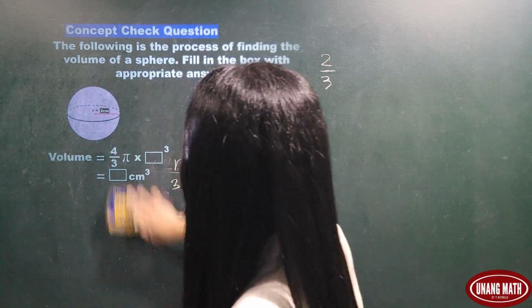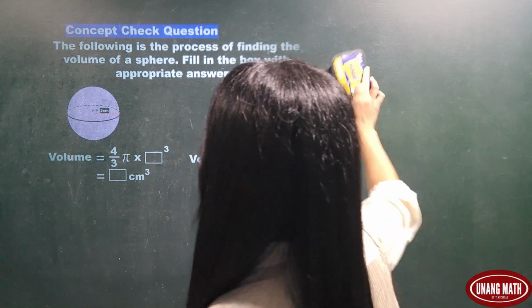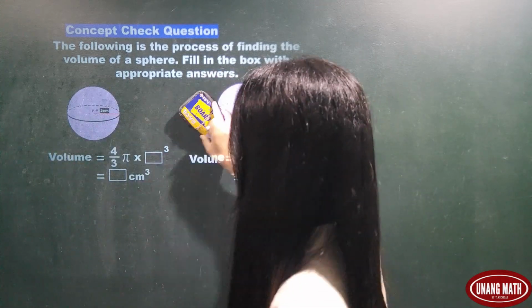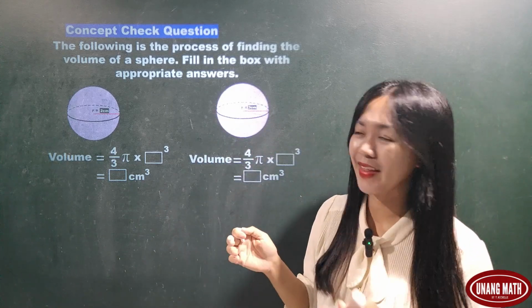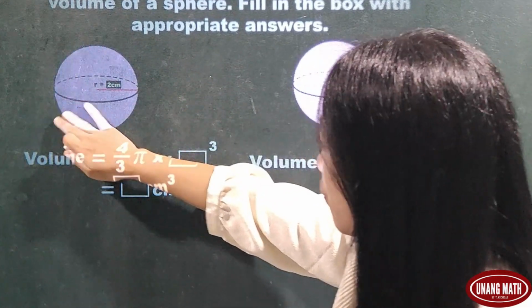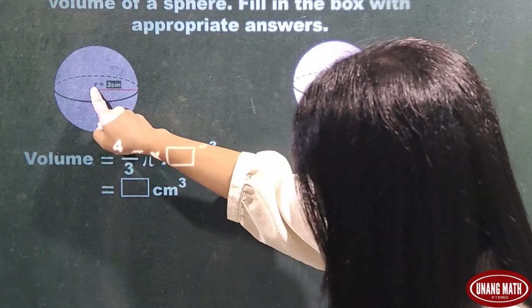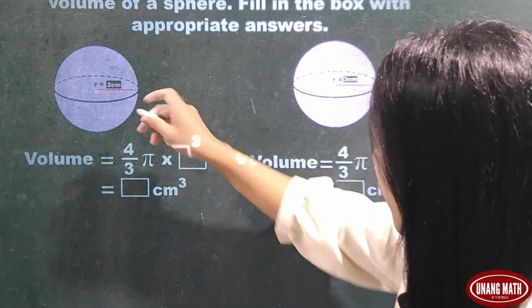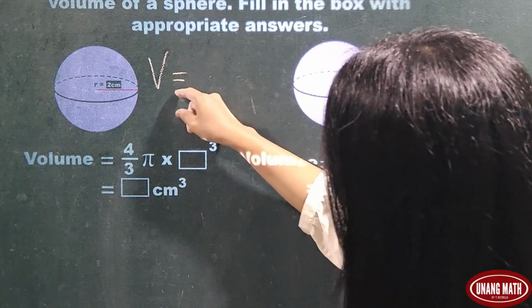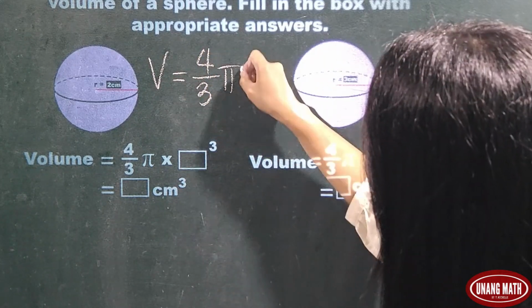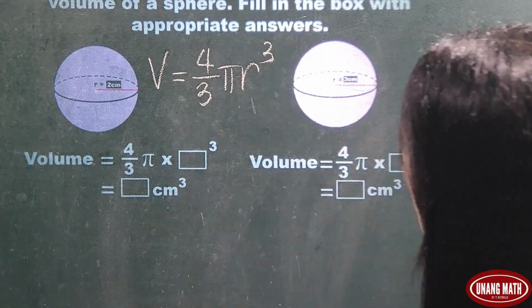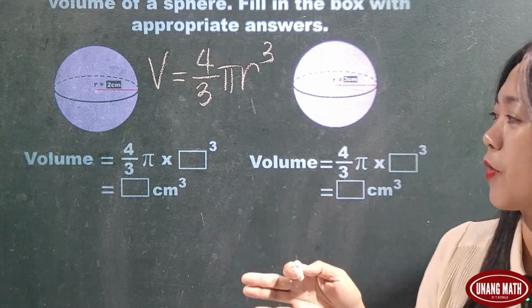The following is the process of finding the volume of a sphere. We will fill in the box with the appropriate answers. Let's start with this first sphere. This sphere has a radius of 2 centimeters. Again, to find the volume of a sphere, 4/3 times pi times radius raised to the power of 3. So this is our formula.